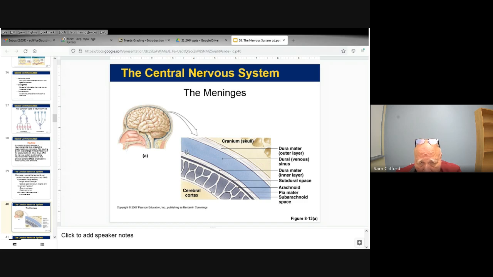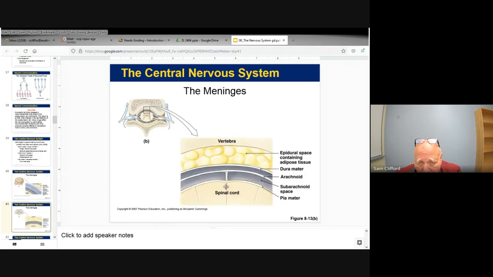So that fluid is very, very important for helping to nourish and support the brain cells, to give them a little more oxygen and get rid of waste and so on. So that cerebral spinal fluid is moving through in the subarachnoid space.